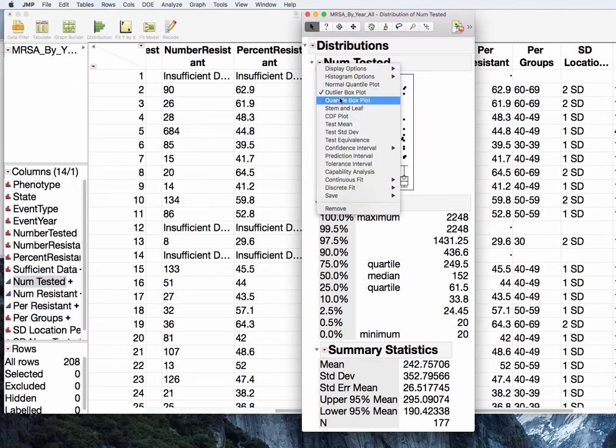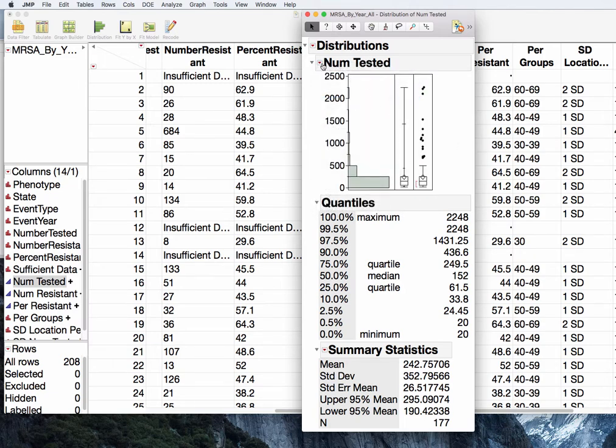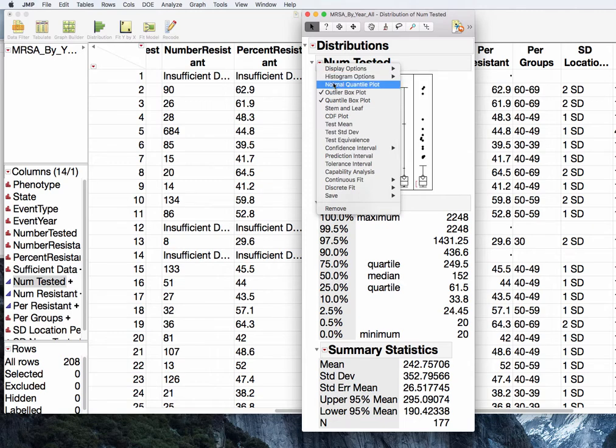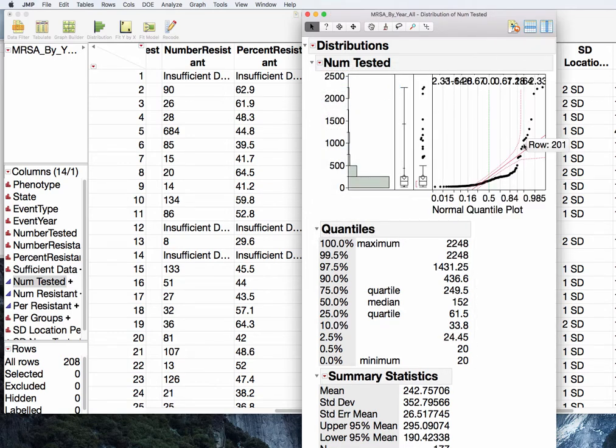We can go ahead and look at the Quantile Boxplot and the normal Quantile plot. In the Quantile Boxplot, you can see the very long tails. You can also see the very long tails in the regular box plot. And in the normal Quantile plot, you can see this very dramatic curve.